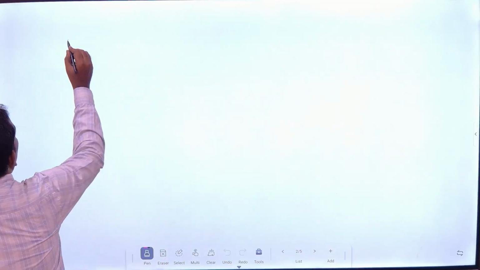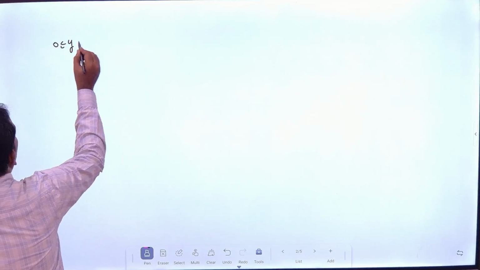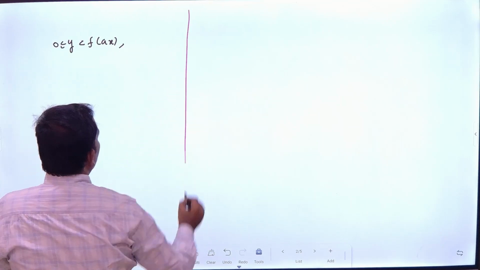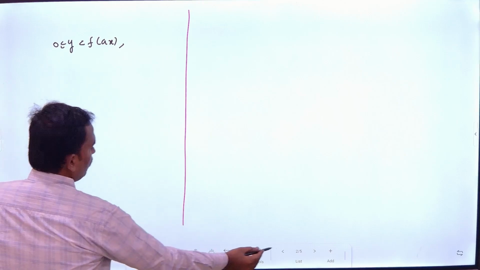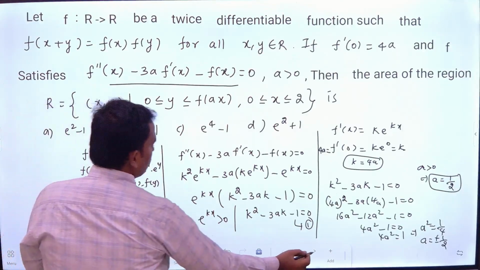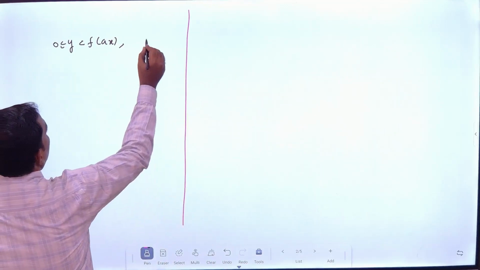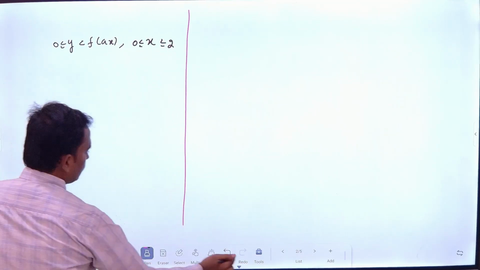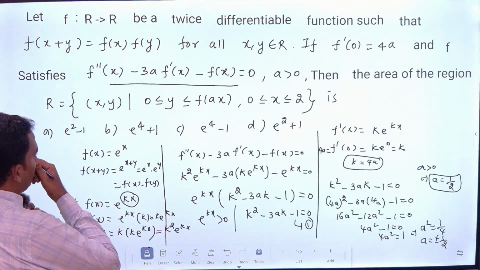What is given to you? y will be from 0 to f of ax, and second, x will be from 0 to 2. Both are included, right? Yes.